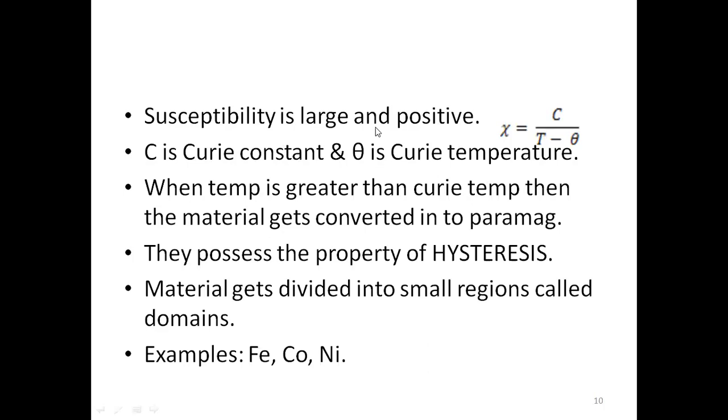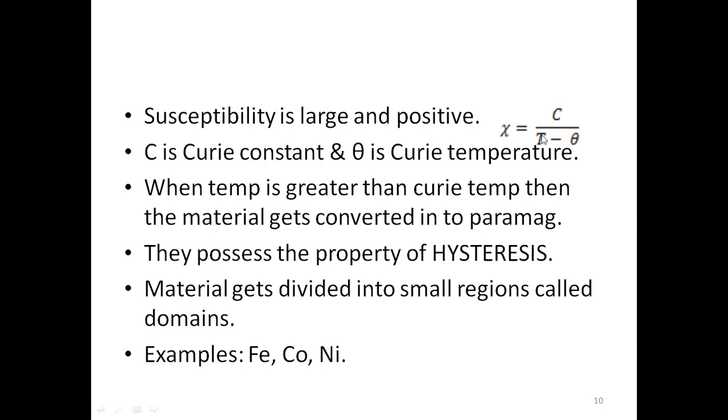The susceptibility value is very large, and it is positive. For diamagnetic material, the susceptibility value is small and negative. For paramagnetic material, it is somewhat more when compared with dia, and it is positive. For ferromagnetic material, it is large and positive.